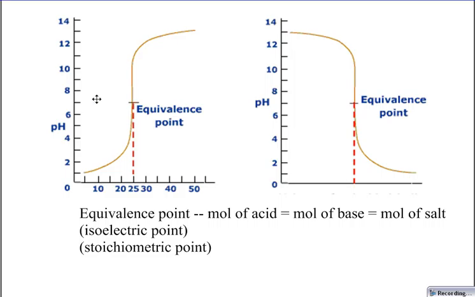And if we look over, we find that the equivalency point in both of these graphs is a pH of 7, which also confirms my hypothesis that this is a strong acid and a strong base, because that's the only way you could end up with a neutral salt having a pH of 7. Because at the equivalency point, the pH is derived by the salt that they produce. So this is what a graph of a strong acid and a strong base will look like.